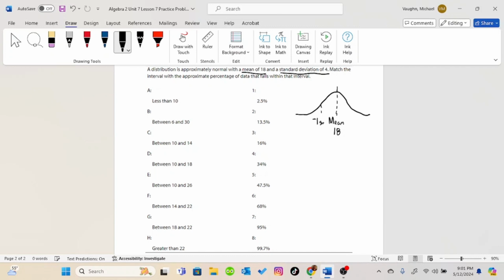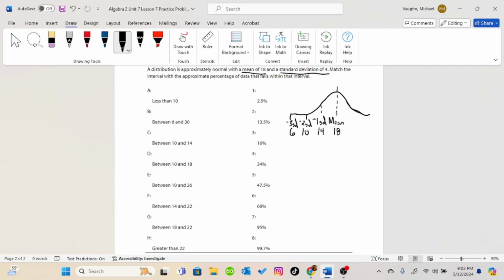So that means minus 1 standard deviation would be 14, minus 2 standard deviations would be 10, and minus 3 standard deviations would be 6.